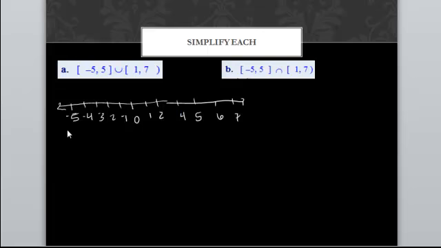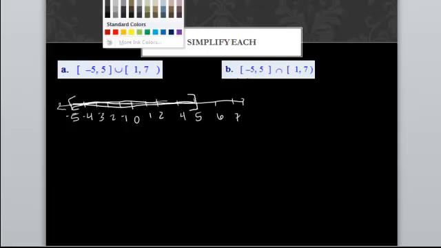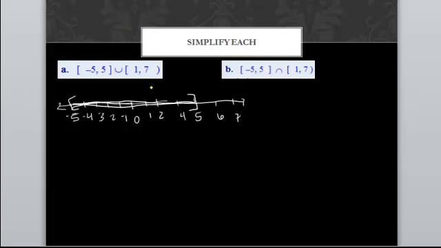If I can delete that one, we'll just use one number line for now. It'll still work either way. So -5 to 5 is from here, -5 to 5, and you include everything between them, including the endpoints. Then you have 1 to 7. You include the 1, but you do not include the 7.